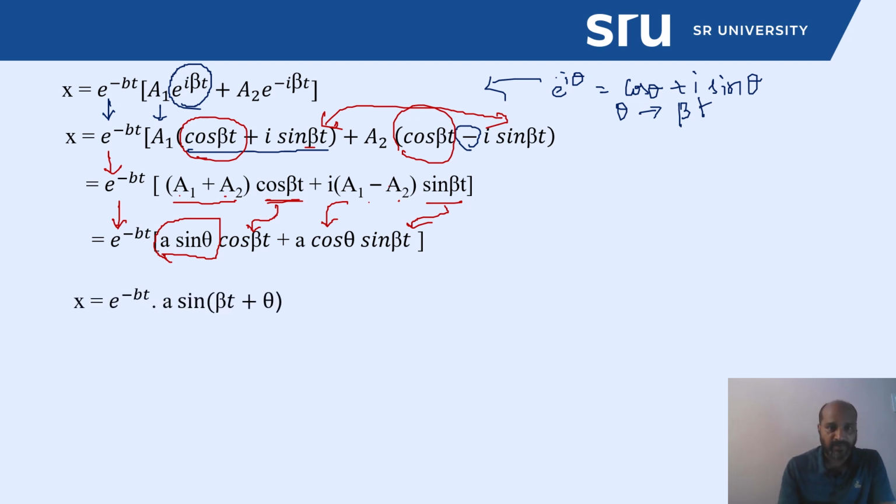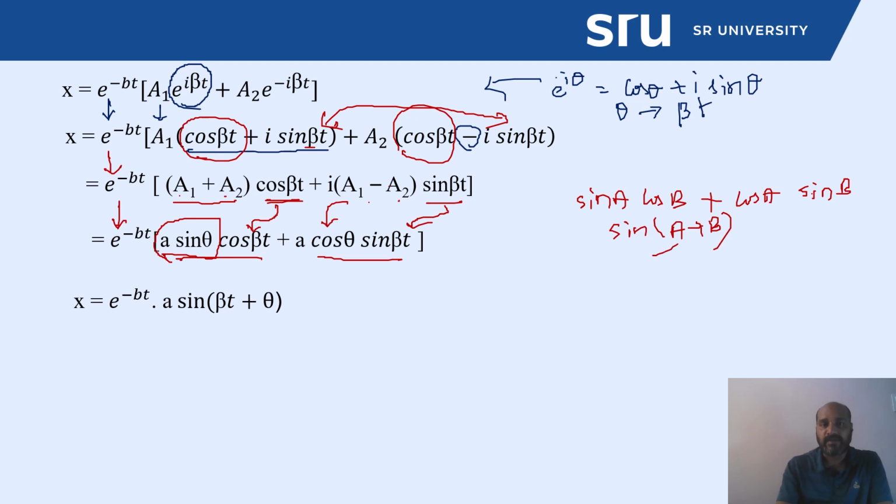If you do that modification, now this is like sin a cos b plus cos a sin b, and this is the expansion of what? Sin of a plus b.